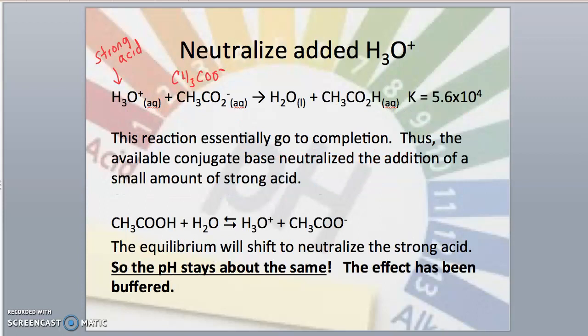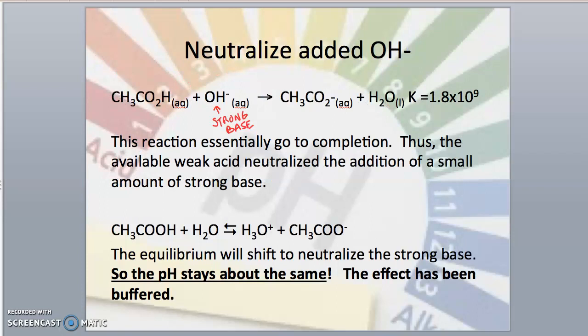Since we're adding a strong acid, this will go to completion by reacting with the acetate ion, which will produce acetic acid. This equilibrium buffer system is able to shift and reestablish equilibrium with minor changes to the amounts of weak acid and conjugate base, such that the pH change is minor as long as only small amounts of strong acid or base are added.